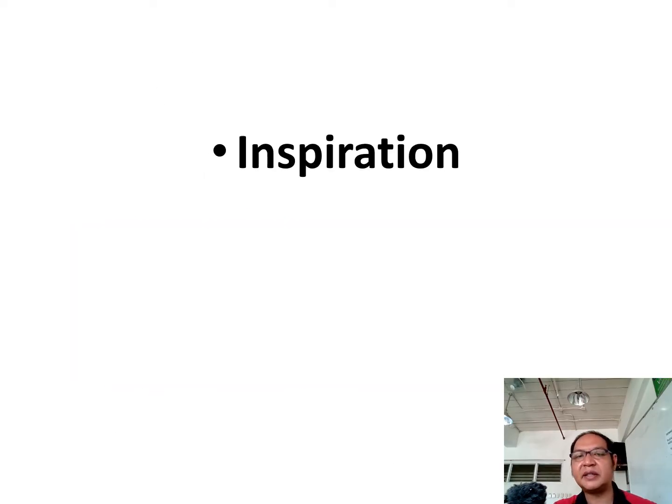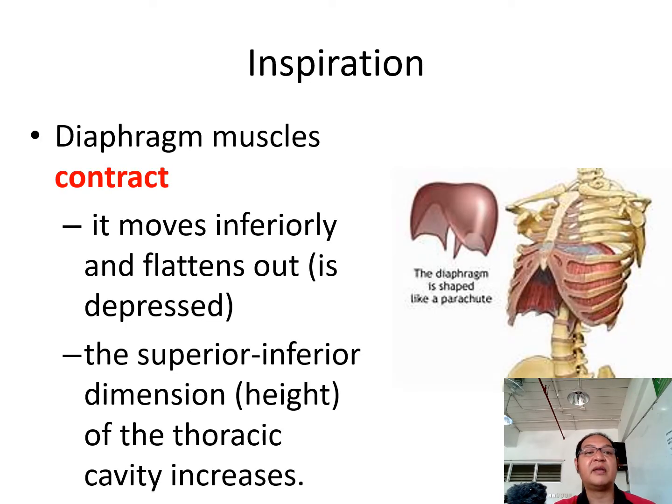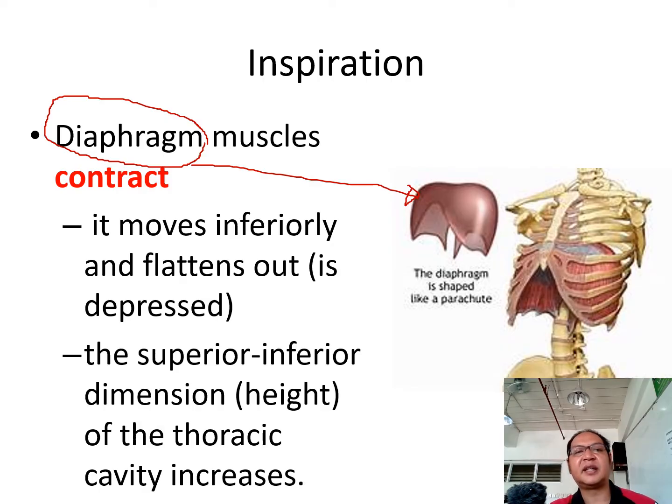So, what is happening during inspiration? In the inspiration, what we are going to take note of is the diaphragm. This one is the diaphragm. The diaphragm is the muscle for breathing. It's the major muscle for breathing.